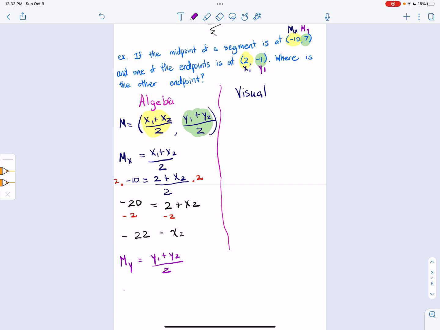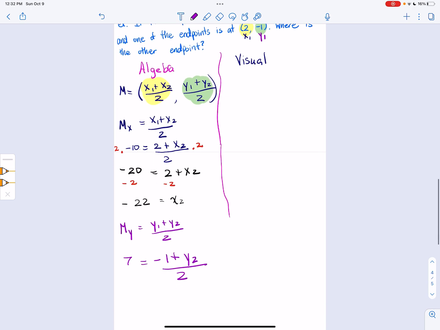So 7 is equal to, we know that y1 is equal to negative 1, so negative 1 plus y2, which we don't know, over 2. We multiply both sides by 2, we get that 14 is equal to negative 1 plus y2, and then we add 1 to both sides to get that y2 is equal to 15.